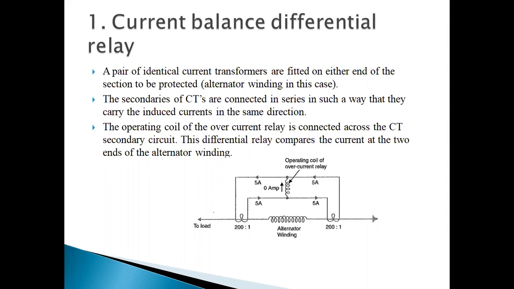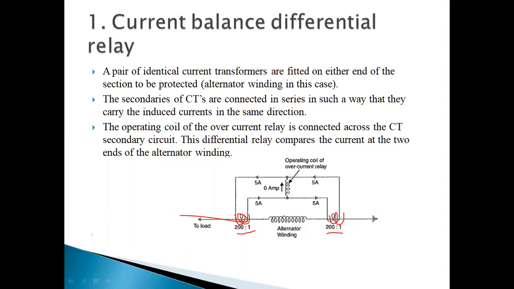Now in this current balance differential relay, just see this diagram. Concentrate. Here you can see these are the two current transformers. It is 200 by 1, means primary current is 200 ampere, secondary current is 1 ampere.